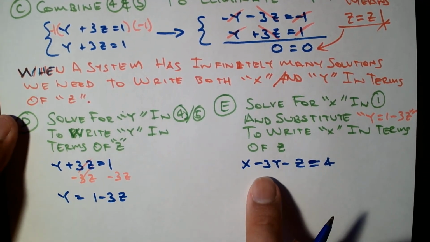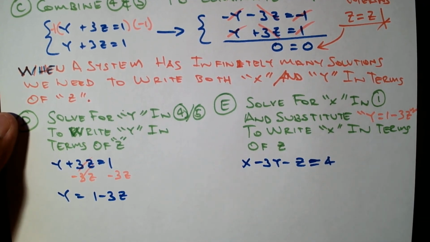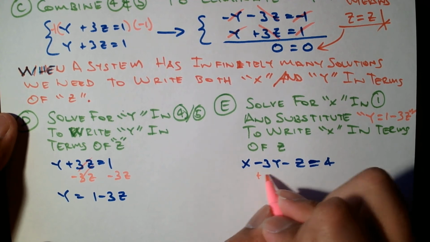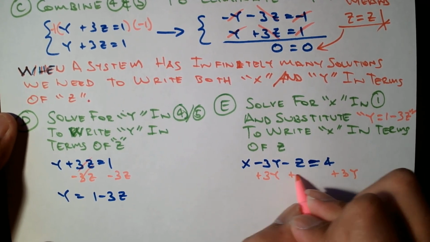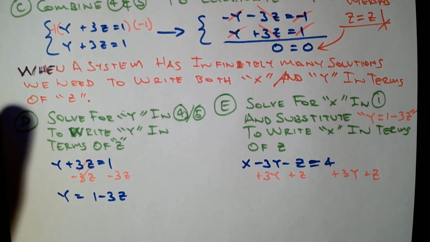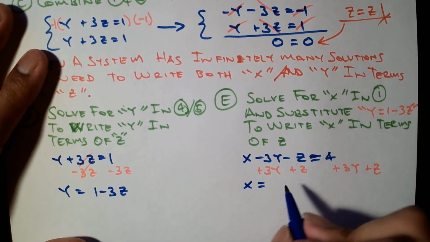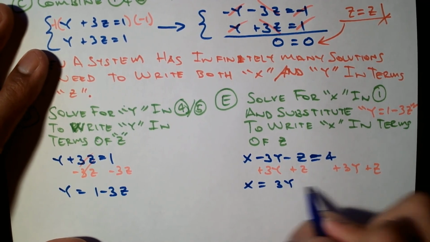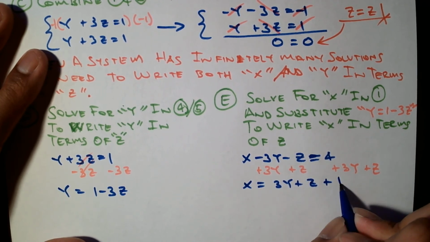So we are asked to solve for x first. I'm going to add 3y to both sides, and I'm going to add z to both sides. All right, so x equals 3y plus z plus 4.